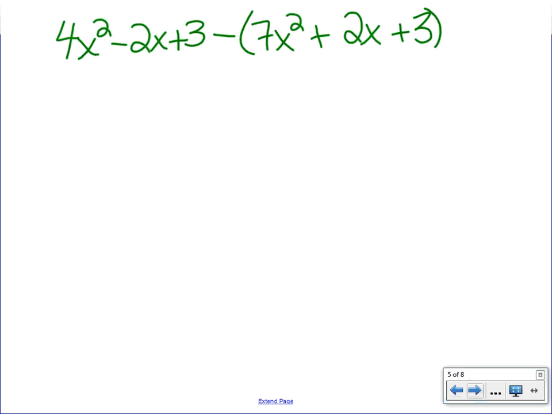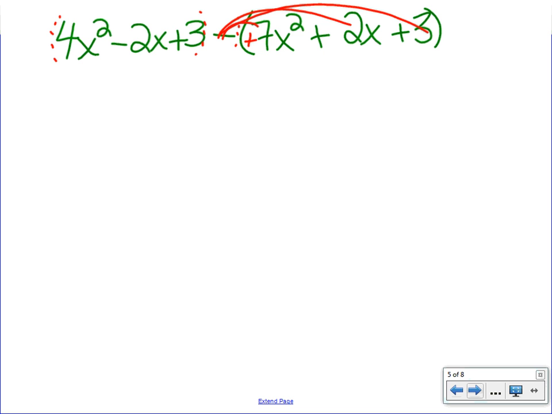They may put a bracket around your first expression, but really all it's there to do is to show you that it's a trinomial, 3 terms. All right, you have a hidden -1 here. You're going to multiply it into the brackets. Essentially, all it does is it creates a pattern of reversing the signs. So a negative times your positive 7x squared is going to give you a negative 7x squared.